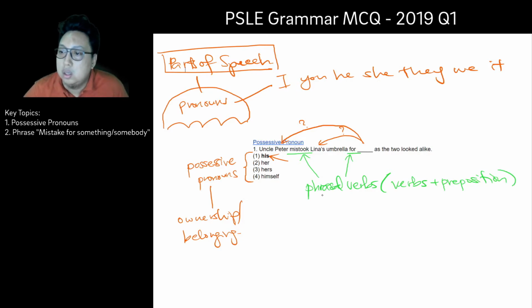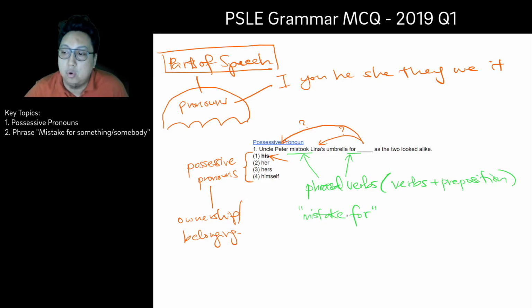Mistook is the phrasal verb in the past tense form, so the root form is "mistake for".